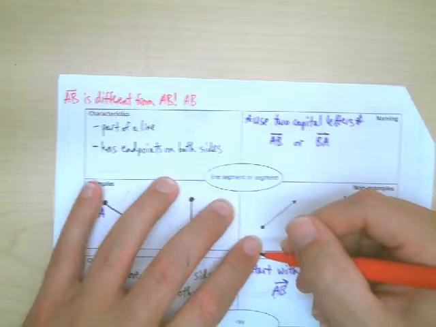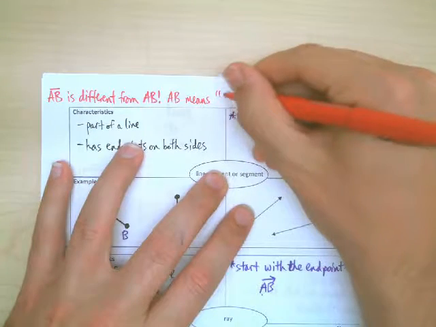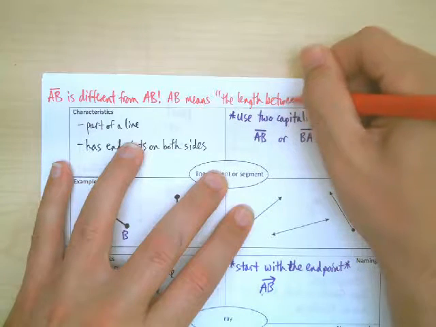Just using the capital letters A and B means the length between A and B.